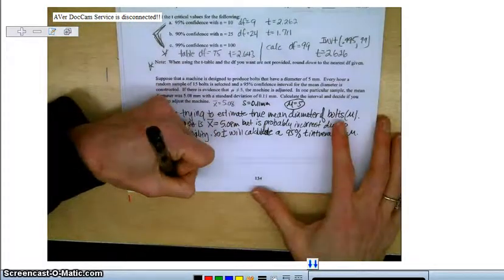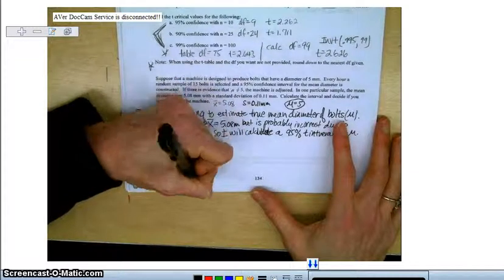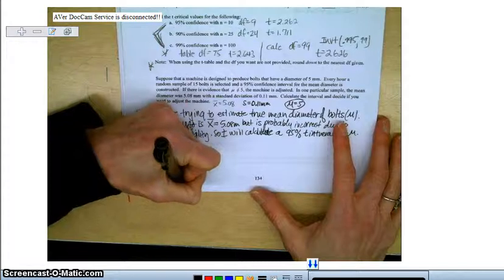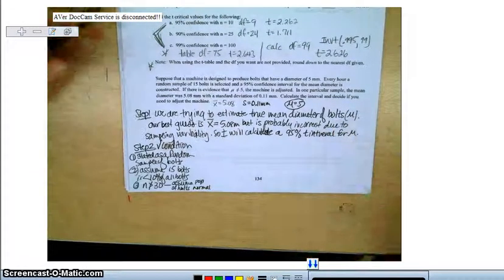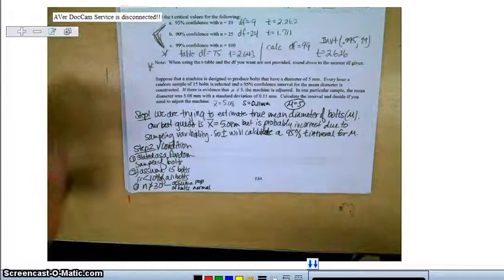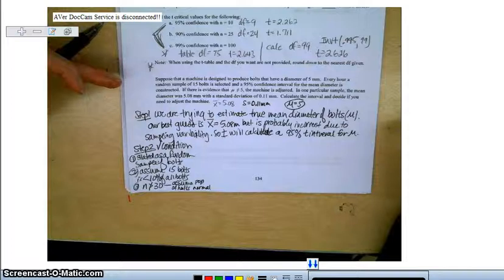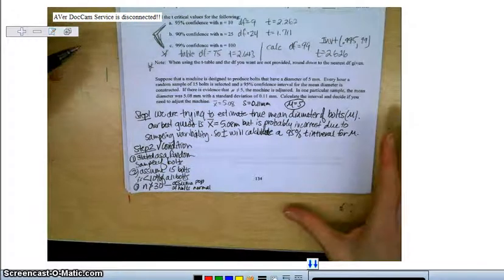So we can assume the population of bolts is normal. Or the other option would be to say, since n is not greater than 30, I'm going to proceed with caution. Either one would be acceptable.